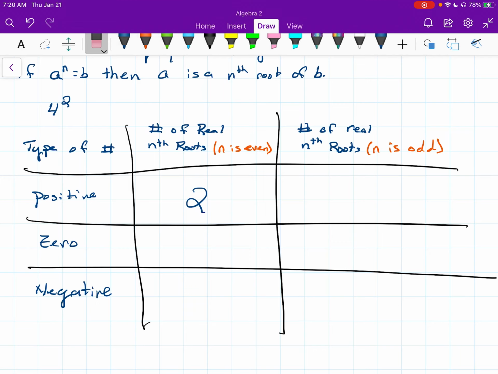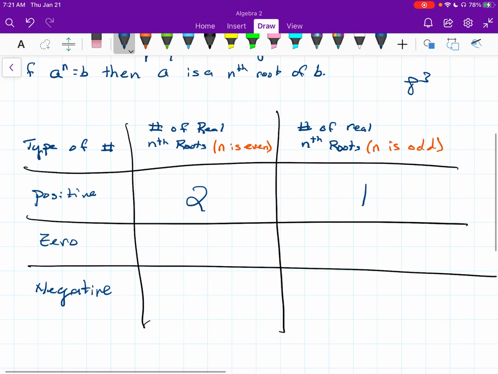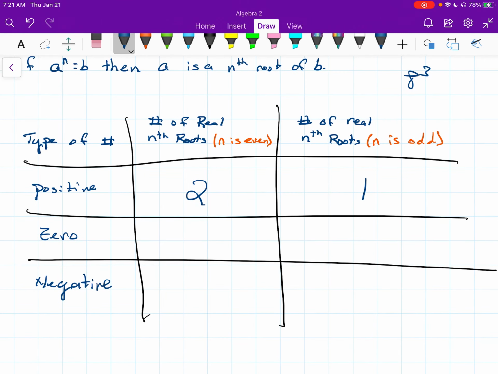That's what I'm meaning by there. Now, a positive number with an odd exponent will have a 1 root, right? Think about 4 to the third, or here's a better example, 8 to the third. 8 to the third only has 1 root, being 2, 1 real root. 0 will have 1 and 1 of each, right? The square root of 0 is 0. The cubed root of 0 is 0.